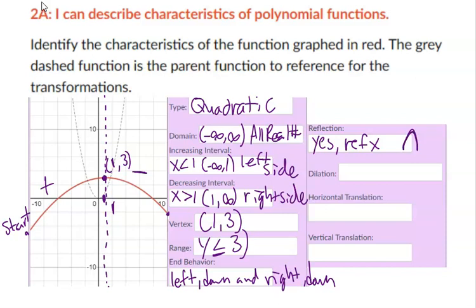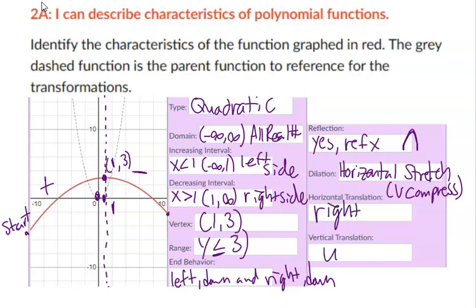Dilation, it looks more horizontal than the original, so we're going to put a horizontal stretch, also known as a vertical compression. From the origin to the new vertex, it goes to the right and it goes up.